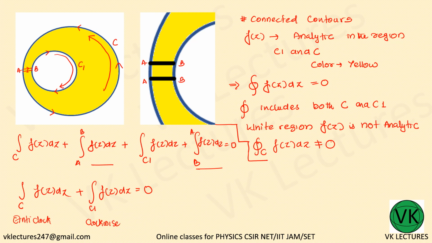So together we can write the integral over C of f of z dz is equal to minus the integral over C1 of f of z dz in the clockwise direction. If you put a minus sign, this will become anti-clockwise. So you will get the integral over C of f of z dz equal to the integral over C1 of f of z dz.